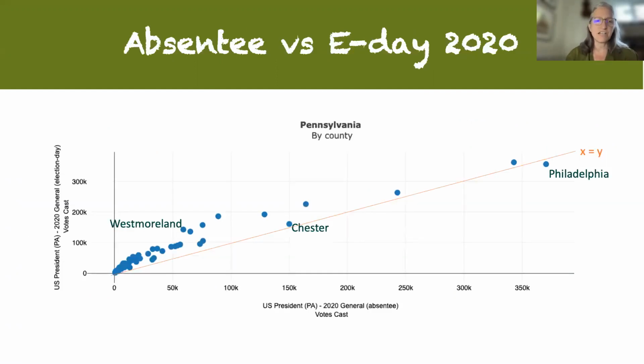So for instance, a lot of people were interested this year in absentee versus election day voting. And you can look by county at Pennsylvania or any other state or any territory or the District of Columbia. And you can just see how turnout was different in those two different methods by county in Pennsylvania.